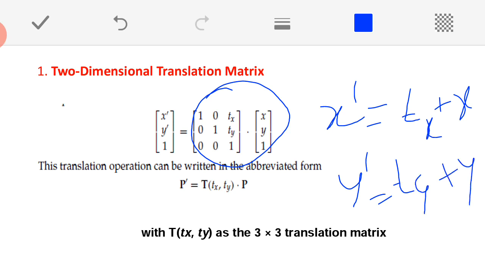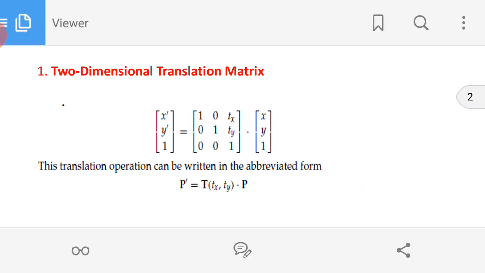Only its arrangement is different. Why? Because we wanted to eliminate the addition from the translation, since my rotation and scaling come with multiplication. So I wanted to convert the translation also into multiplication. Now all 3 transformations use the multiplication operation. This is the speciality of the homogeneous coordinate system.